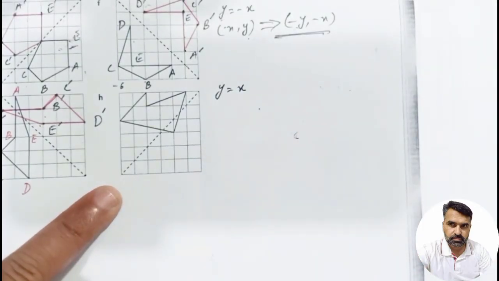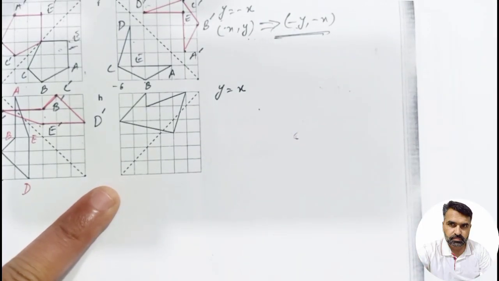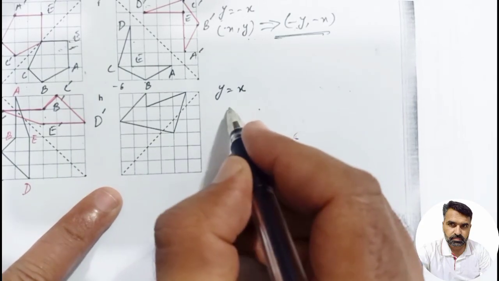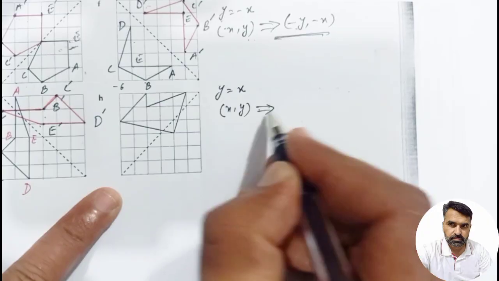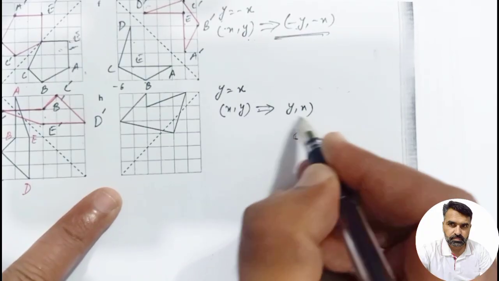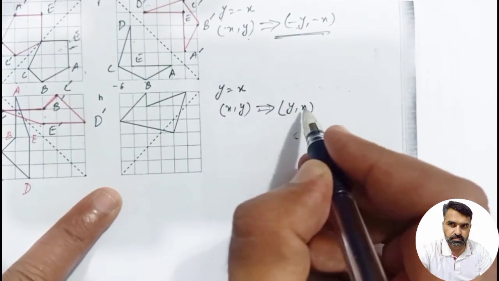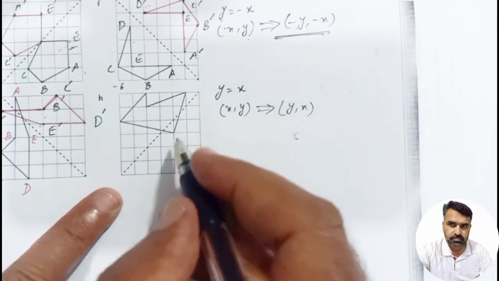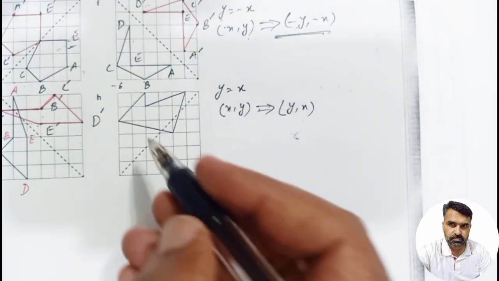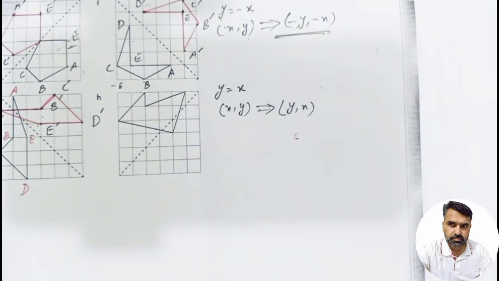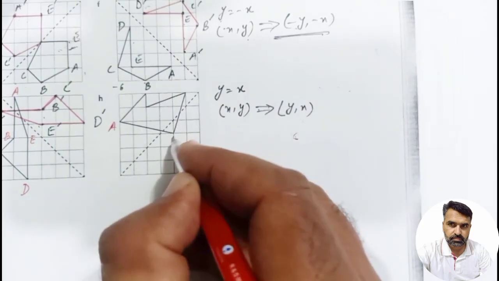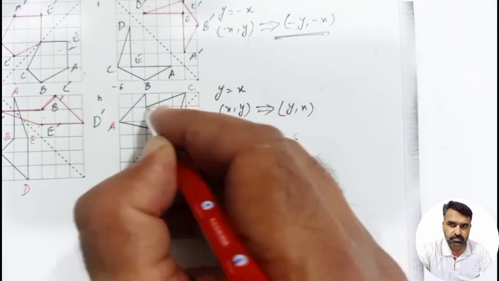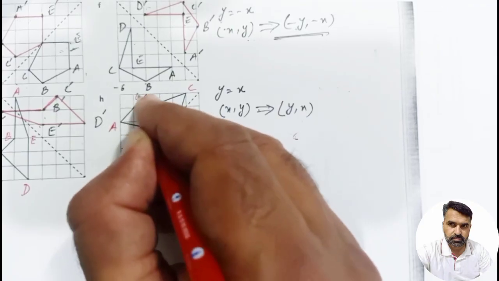When we find the reflection in the line y is equal to x, then x and y will be changed just into y and x, no sign change, just the coordinates will be swapped. So students, it is a little bit complex figure, so I will name the points. These points are A, B, C, D and E.